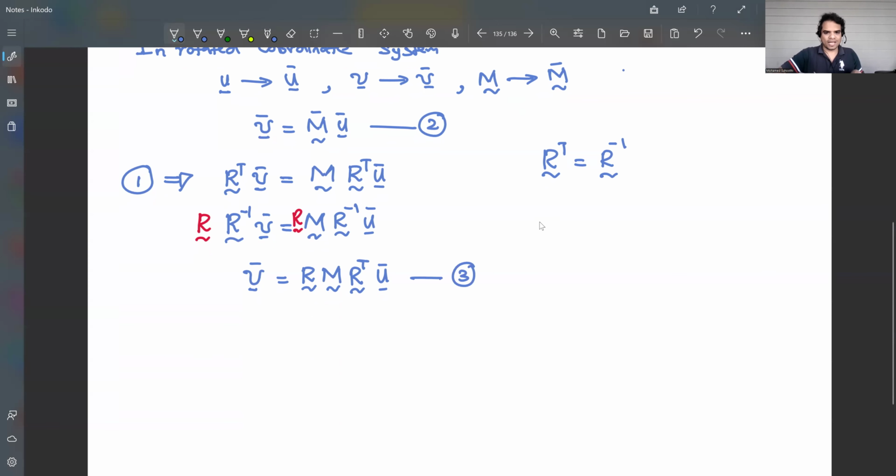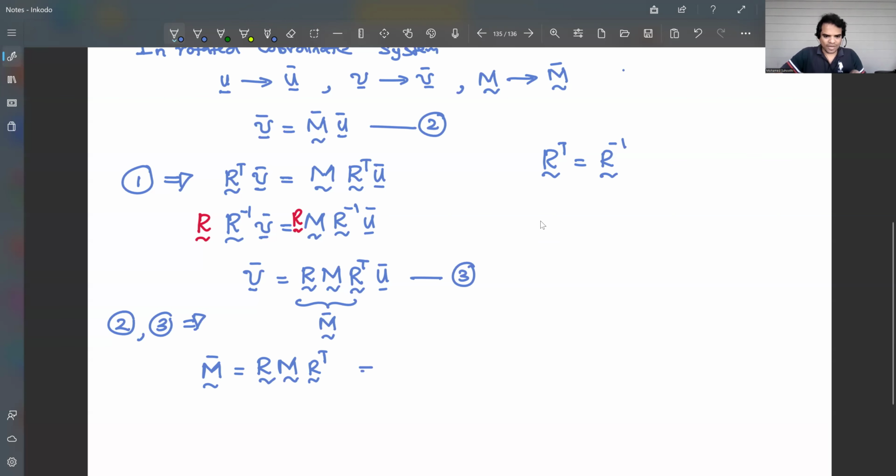Now you can compare equations 2 and 3. If we compare equations 2 and 3, what can you find? This matrix is actually your bar matrix. So that means my M bar is R M R transpose.